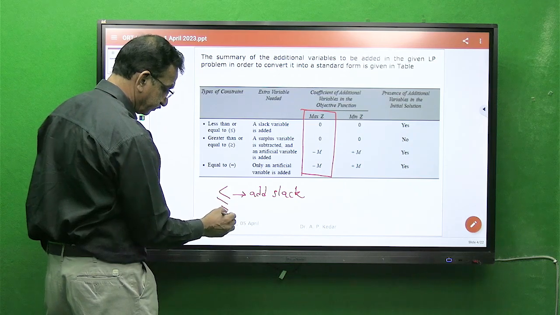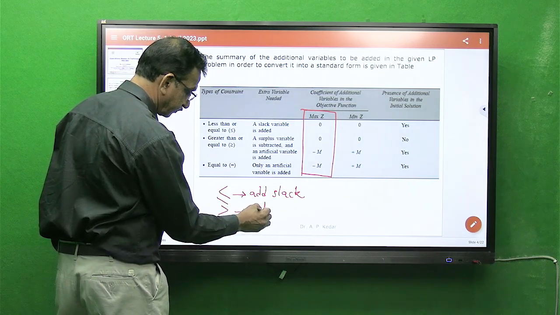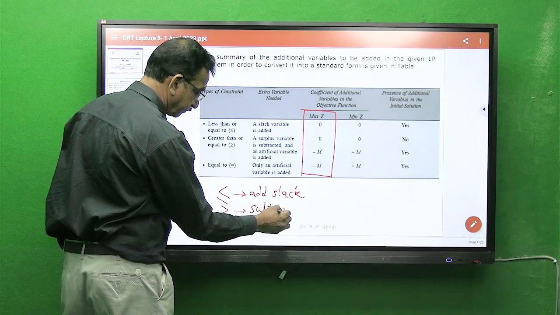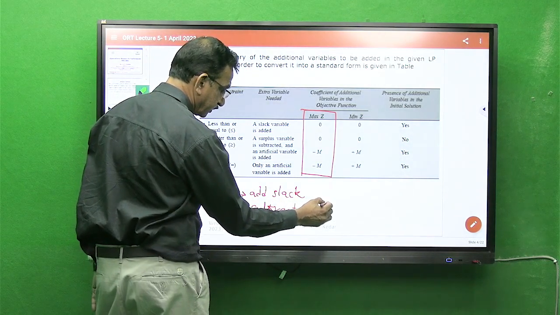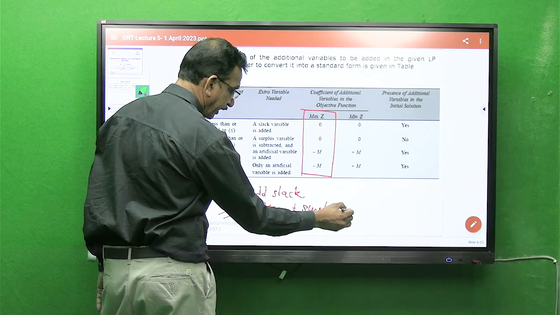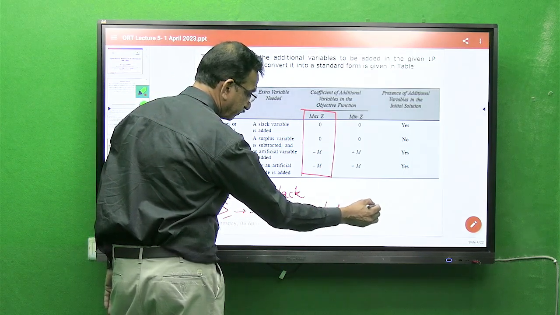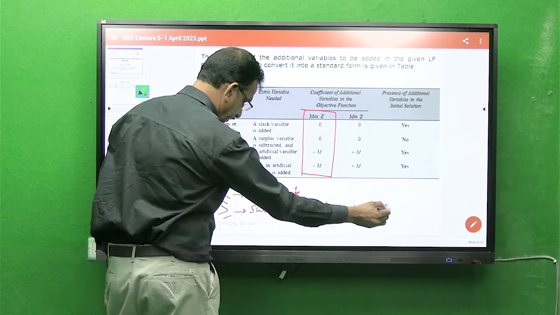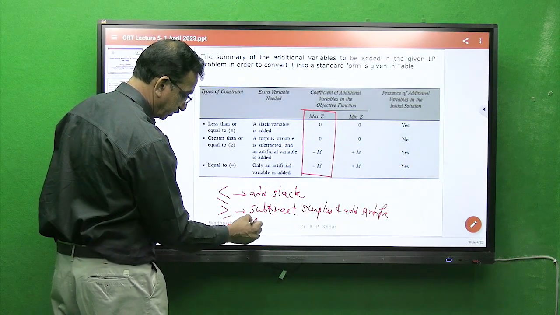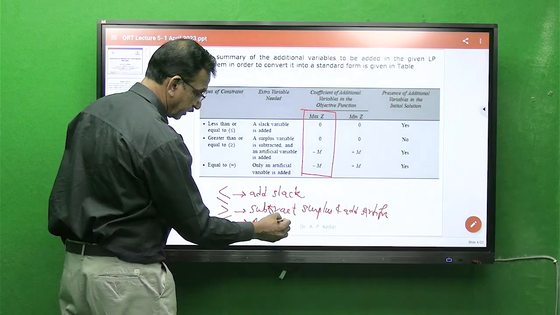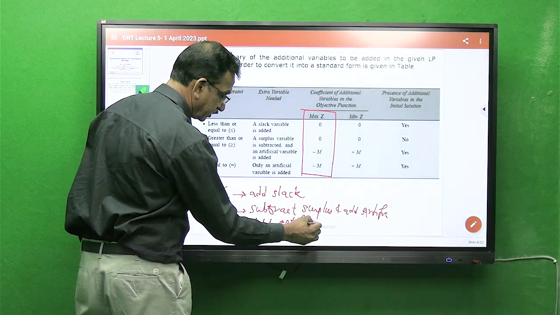For greater than or equal to, we have seen subtract surplus and add artificial. And for equal to, we have seen we have to add an artificial variable.